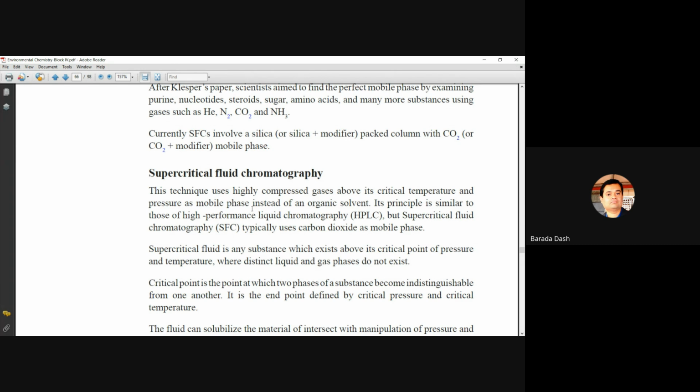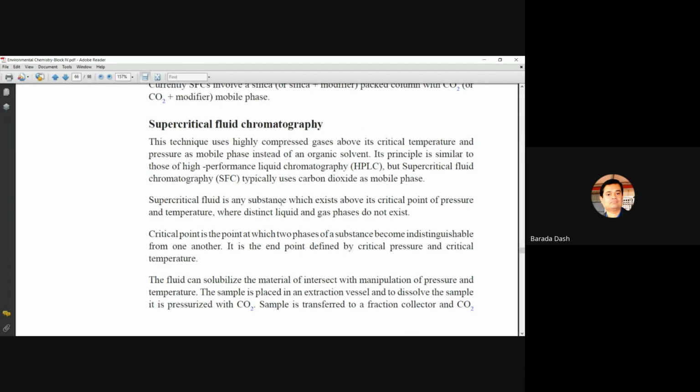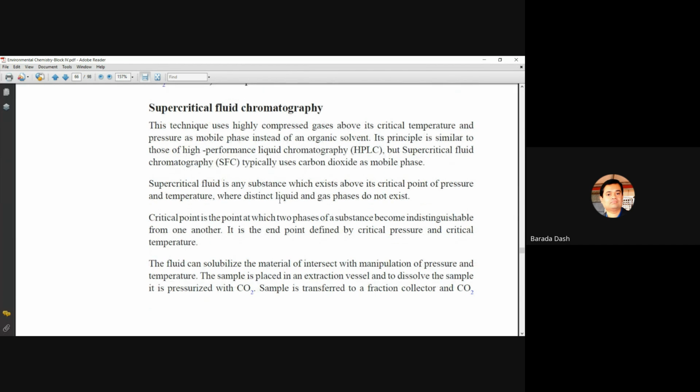Its principle is similar to high performance liquid chromatography, but supercritical fluid chromatography typically uses carbon dioxide as mobile phase. So supercritical carbon dioxide is used as the mobile phase, rather than the normal organic solvents. So that is supercritical fluid chromatography.